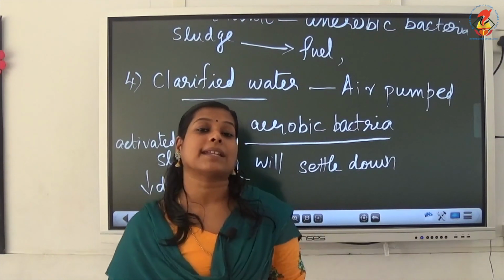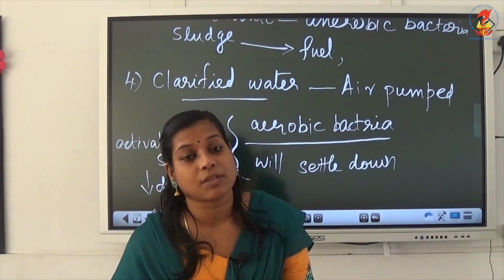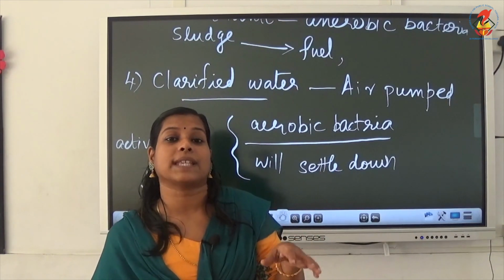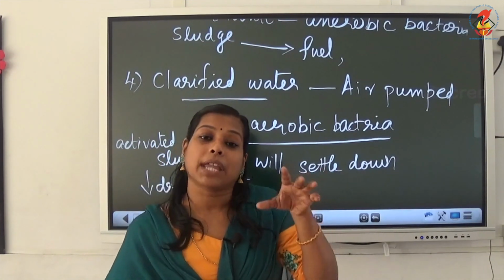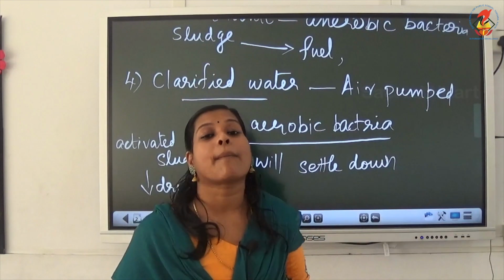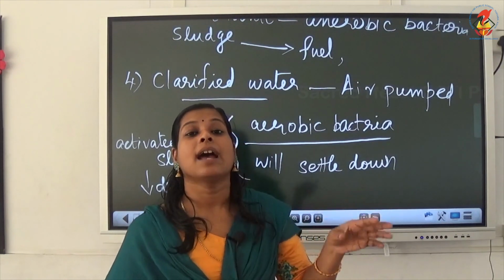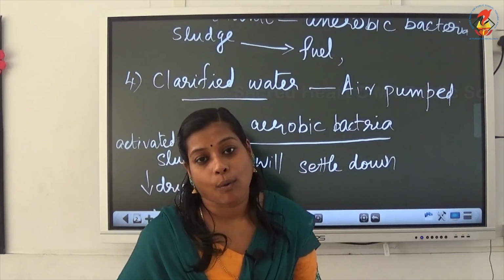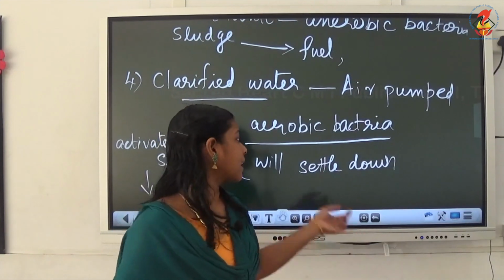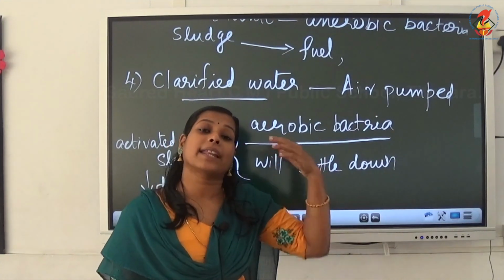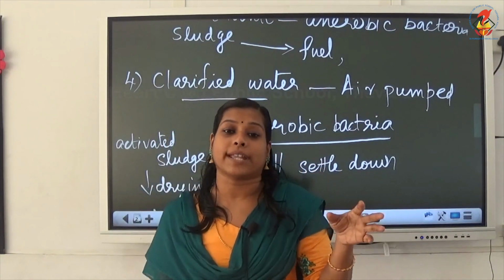This activated sludge is 97% water, and we can dry it using a sand dryer and all. We can dry it and we can use it as a manure for bringing that nutrient back to the soil. Then that water, sometimes we can directly send it to the water bodies.